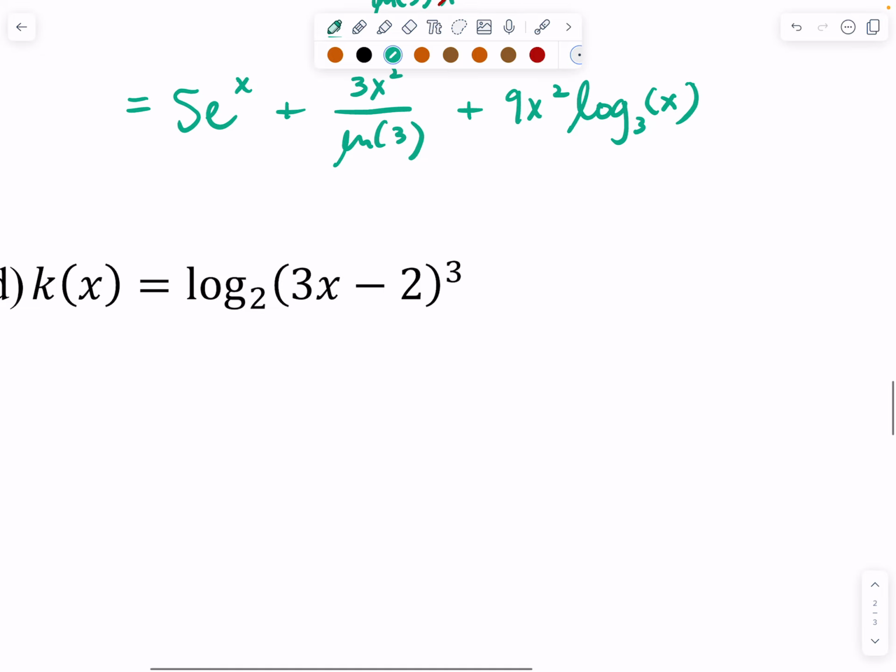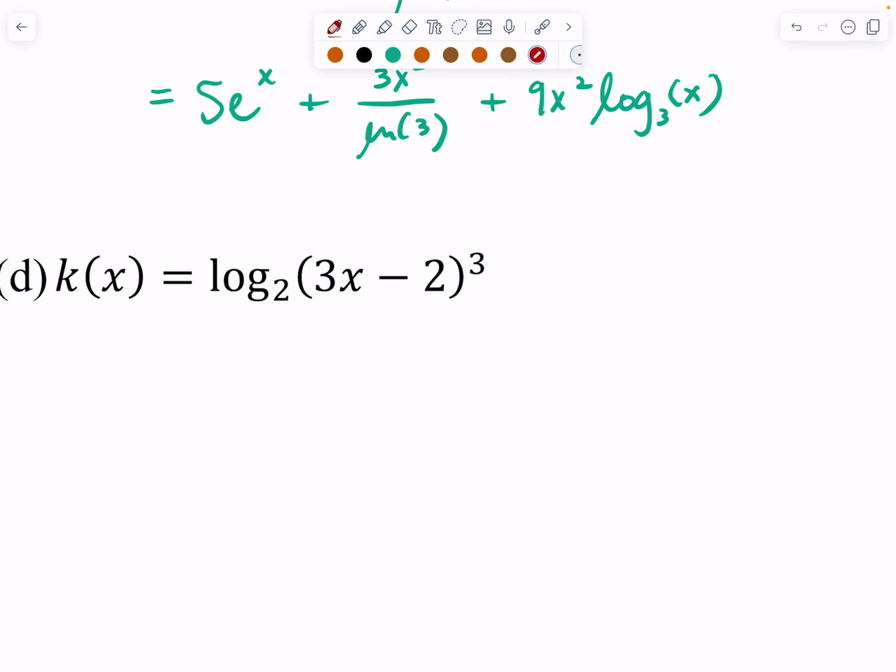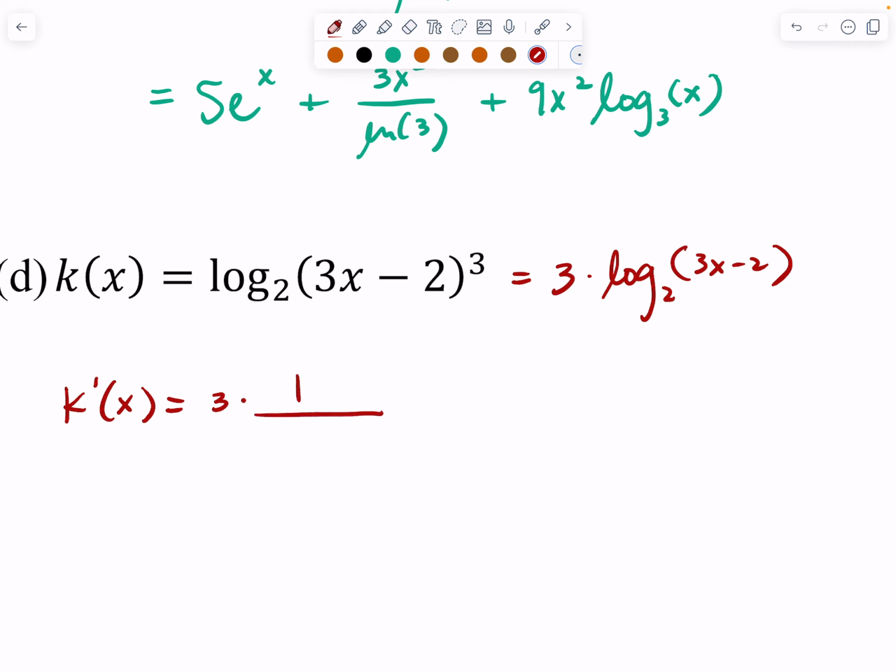For this next one, you could leave as is, or I think it would actually probably be easier so that you're not having to think chain rule multiple times, to bring the 3 down in front here. So 3 times log base 2 of 3x minus 2. So k prime would be 3 times, and that would be 1 over ln of 2.